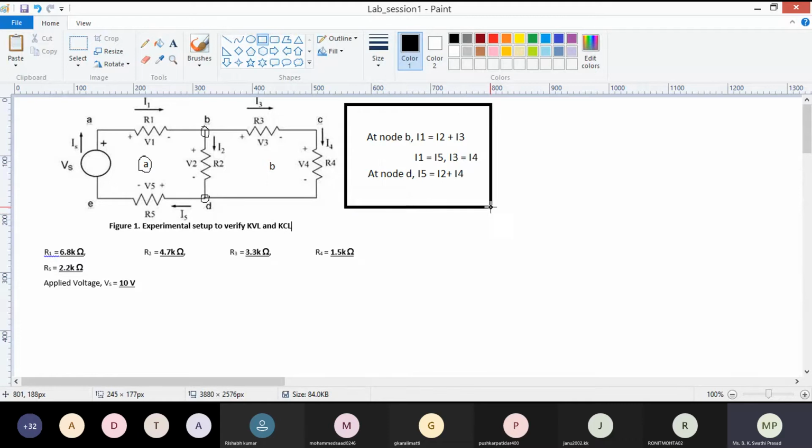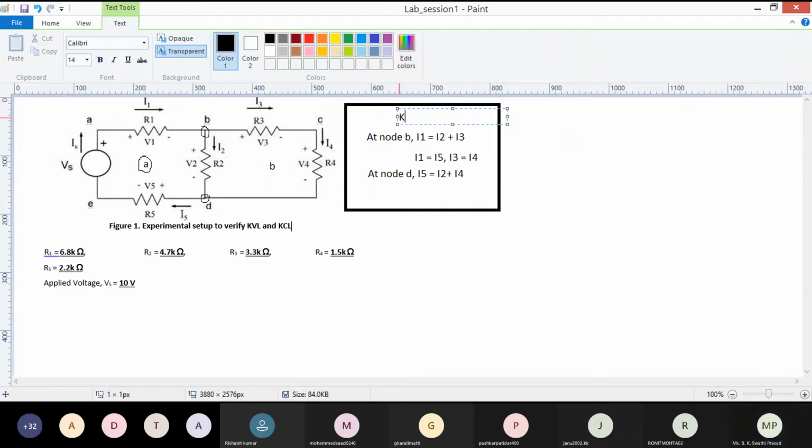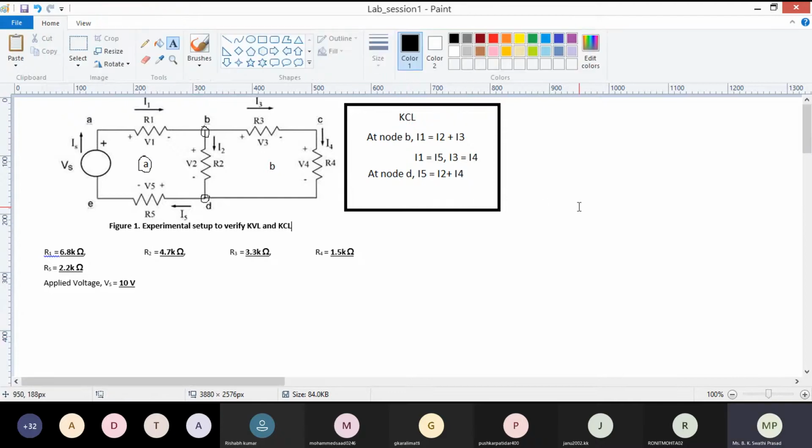So this is what we wrote using KCL. Any doubts in this KCL? No, ma'am. Okay. Now let us calculate all the voltage drops first, before we apply KVL.